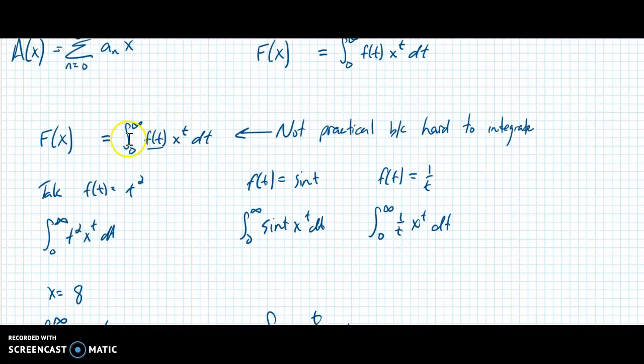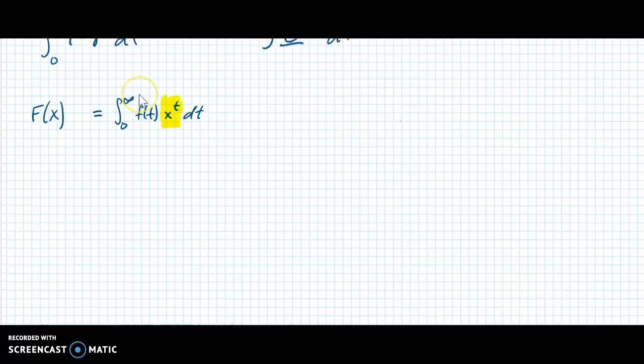So what I'm going to do is convert this thing right over here to an exponential, and it'll become much, much easier to integrate. My goal here, I just copied and pasted that line again, is to replace x to the t, highlighted in yellow, with e to the something such that that e to the something is integratable. Because it'll make it so that I can calculate this integral using ideas from Calc 1 and Calc 2.